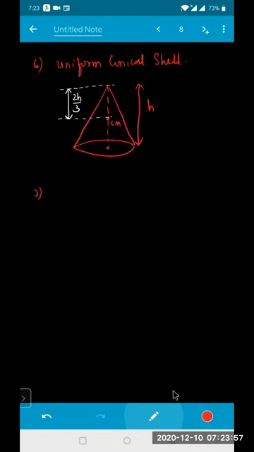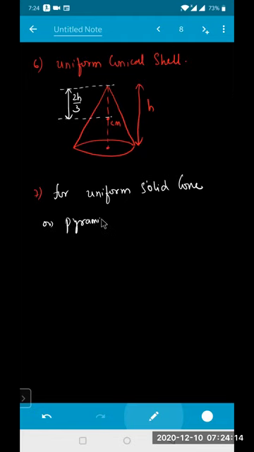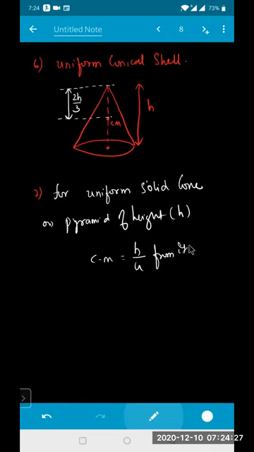For a uniform solid cone, or we can say pyramid, of height h, same as the previous one, the center of mass is equal to h by 4 from its base.